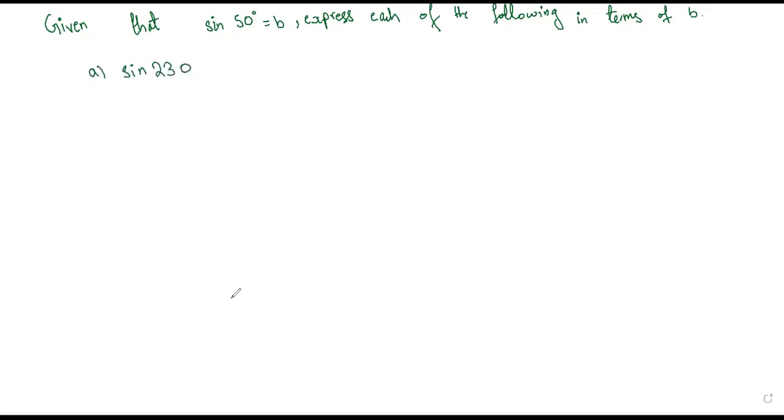Let's understand this first and then we would be able to do it. Given that sine 50 equals B, what does this mean?